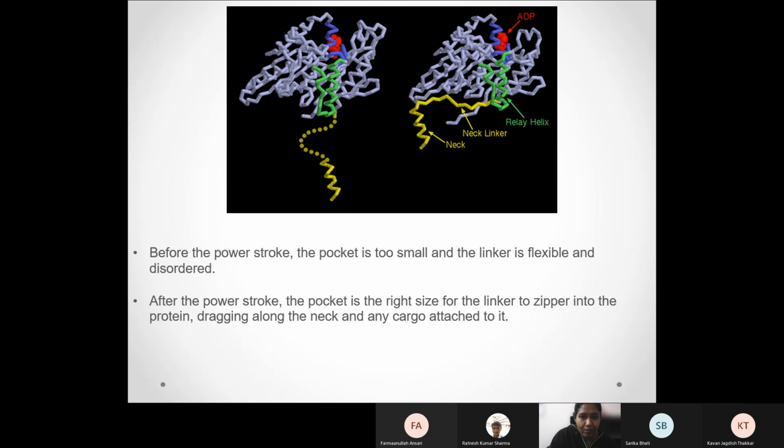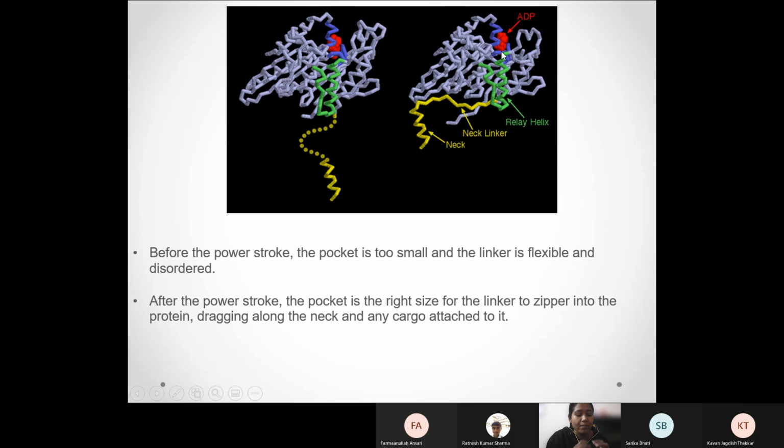So you see, at the region where this neck linker region is attached to the rest of this kinesin head, you have a groove, but the groove is restricted, and therefore the groove cannot accommodate this entire neck linker.